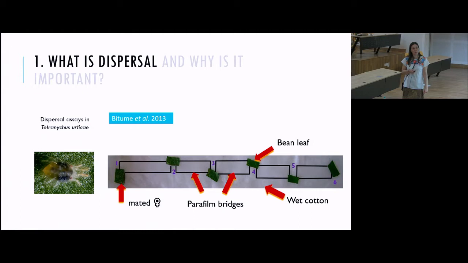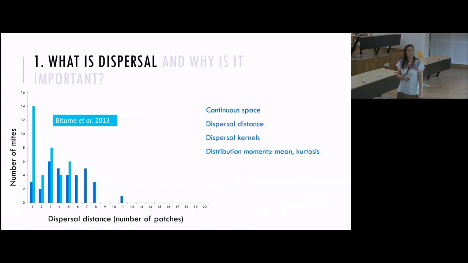We put some spider mites on this, and we record after a while where we find these mites and whether they have dispersed from one patch, two patches, four patches, and so on. Then you measure the distribution of mites that you found at different dispersal distances. Here we measured the number of patches that they crossed.